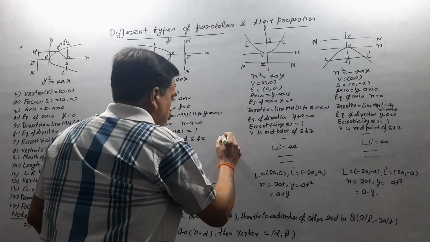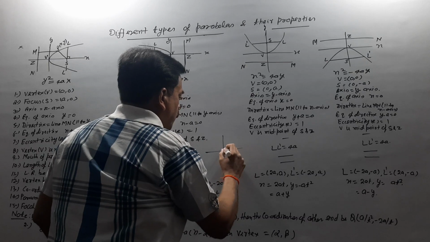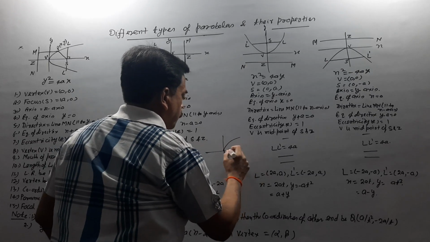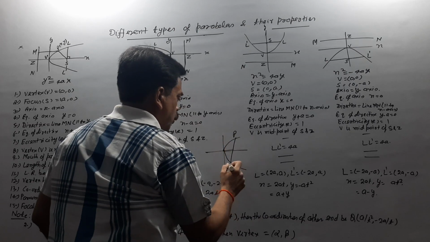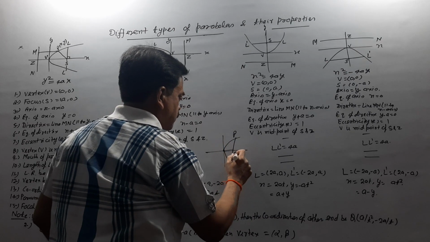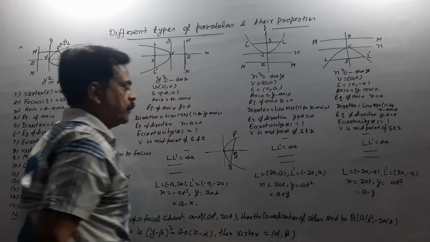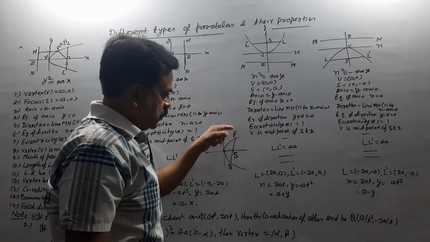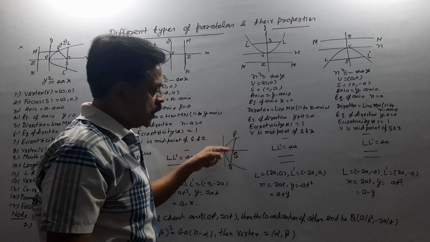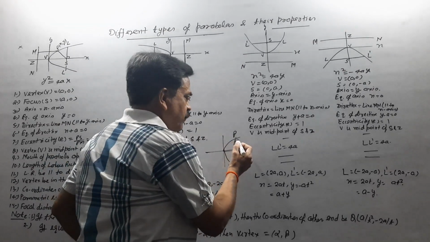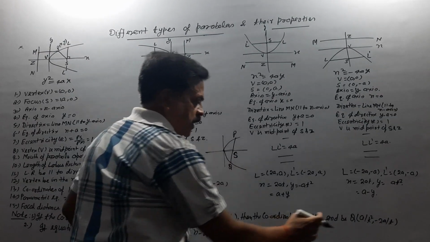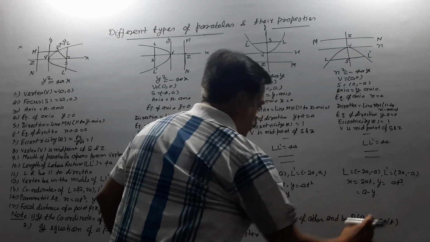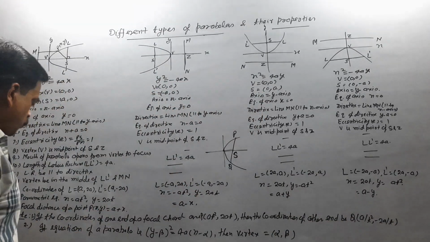If we have this parabola and PQ is a focal chord, S is the focus. A chord passing through the focus is called a focal chord. If the coordinates of one end P are (a t square, 2at), then the coordinates of the other end Q are always (a upon t square, minus 2a upon t). So this is a very important note.